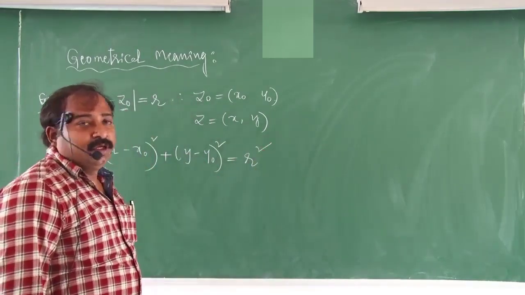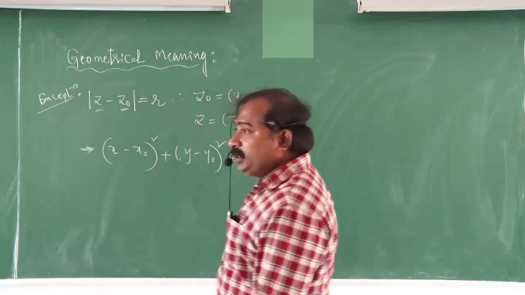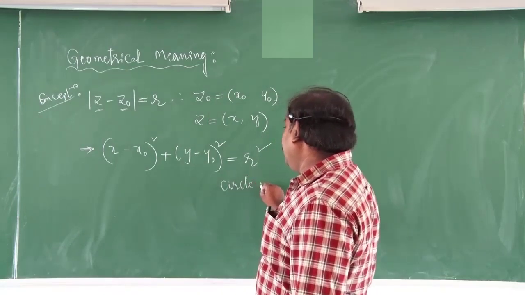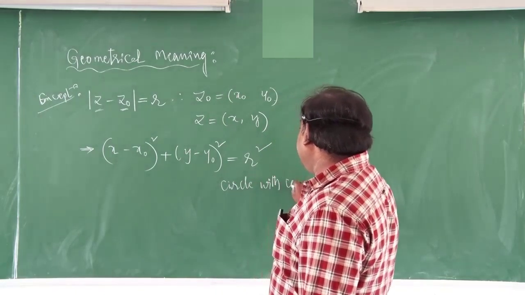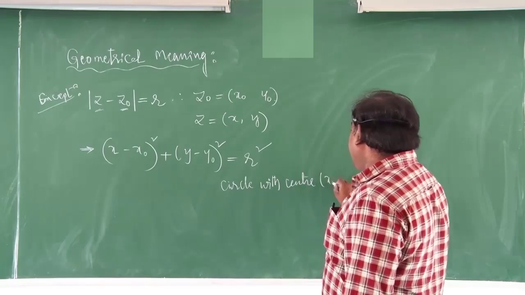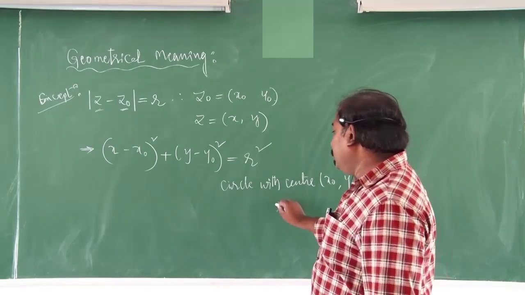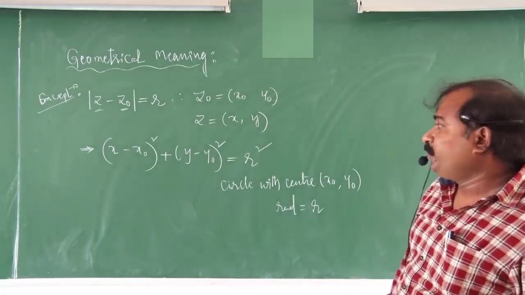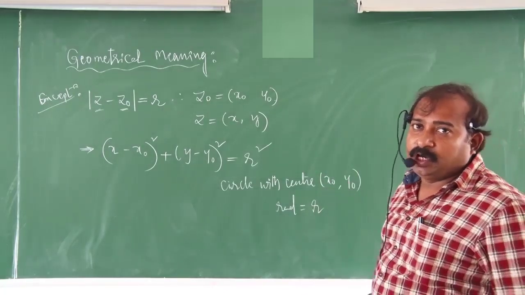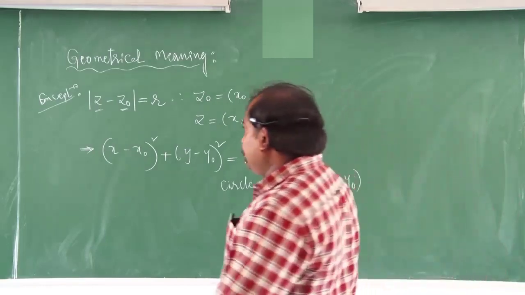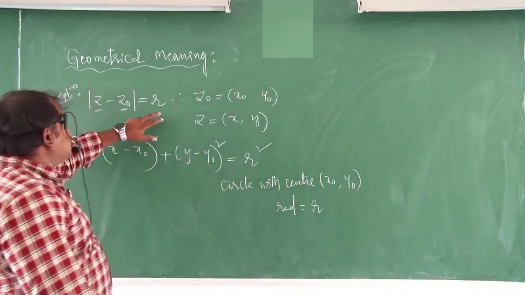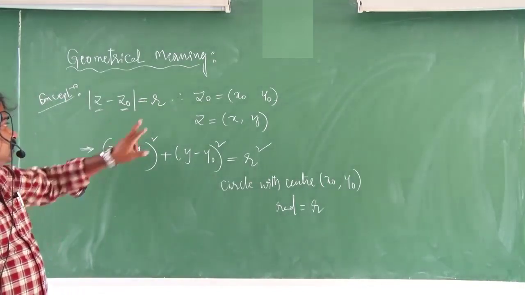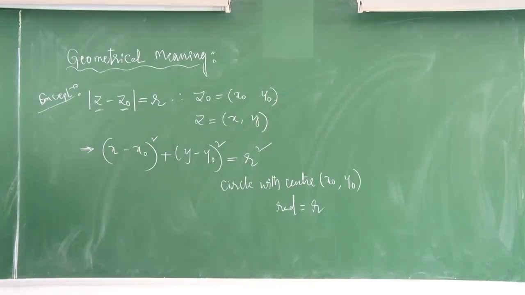So this equation indicates a circle with center at x naught comma y naught, and the radius is equal to R units. That's it. So regarding this we completed 2 or 3 bits. So modulus of z minus z naught is equal to R means this equation indicates a circle with the center at z naught and the radius is equal to R units. Okay. Next.